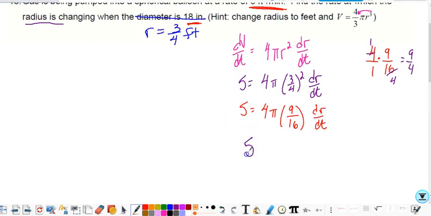So I've got 5 equals 9/4 pi dr/dt. And I'm going to write this as 9 pi over 4, because then to isolate my variable, I multiply by the reciprocal.